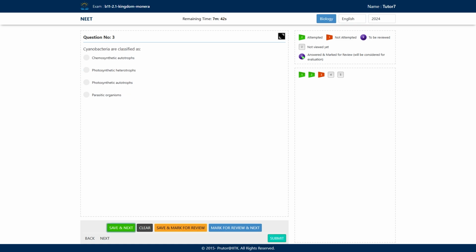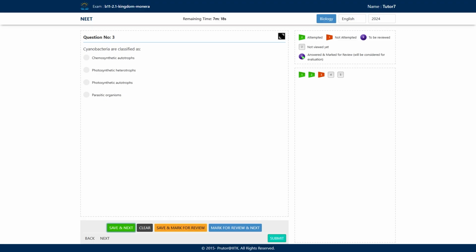The next question: cyanobacteria, also known as blue-green algae, are classified as chemosynthetic autotrophs, photosynthetic heterotrophs, photosynthetic autotrophs, or parasitic organisms. So what will be the correct answer here? You know autotrophs can prepare their own food. Heterotrophs are dependent on other organisms.